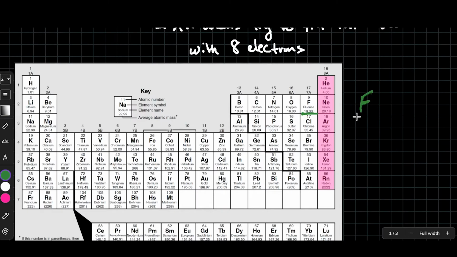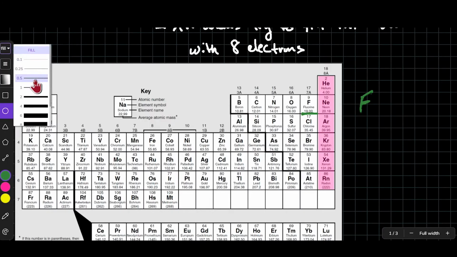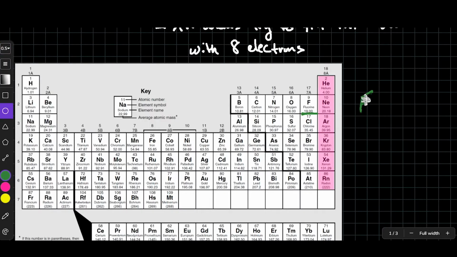Can you guys see that? Fluorine is going to have valence electrons, and it's going to have 1, 2, 3, 4, 5, 6, 7. This ringing a bell? 7 valence electrons, S2, P5.